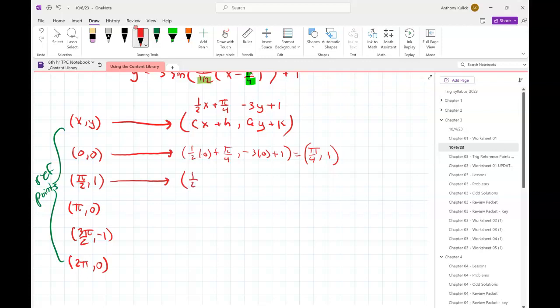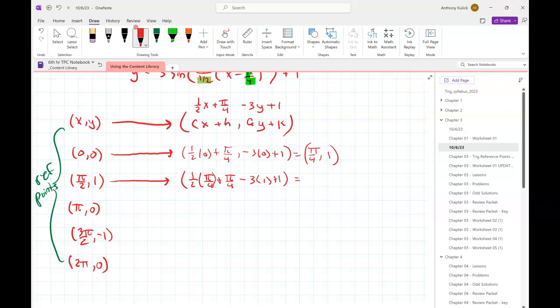And then I just keep on going. 1/2 times pi over 4 plus pi over 4. That's so many fractions. You guys can do it though. What's 1/2 times pi over 4?